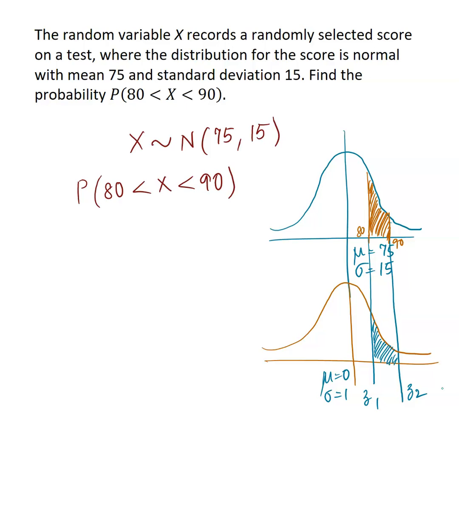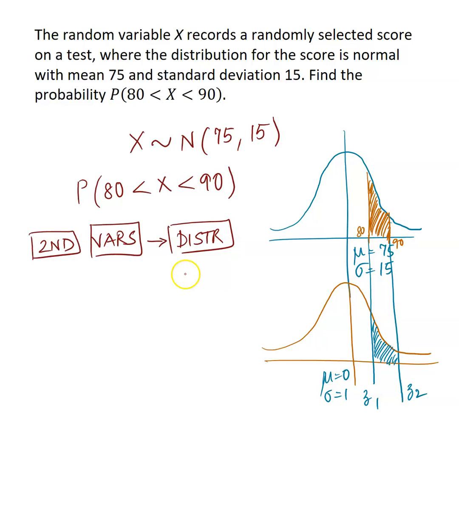So we're going to use the calculator now, so go ahead and go to second vars, which is your distribution, and because it's not one specific value, it's a range of values, you go to dist and second normal CDF. And there your lower will be 80. If you have the previous entries in there, you'll have to of course clear it.